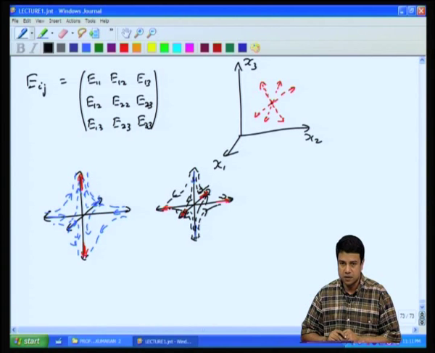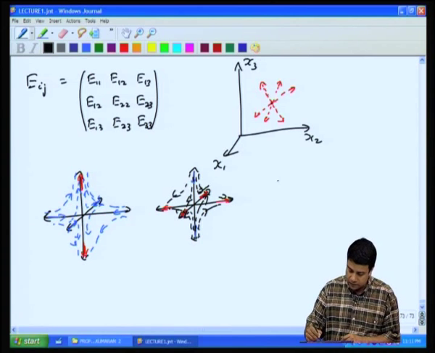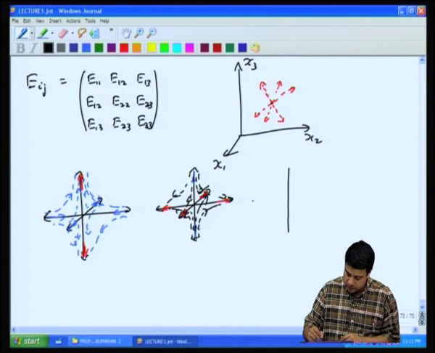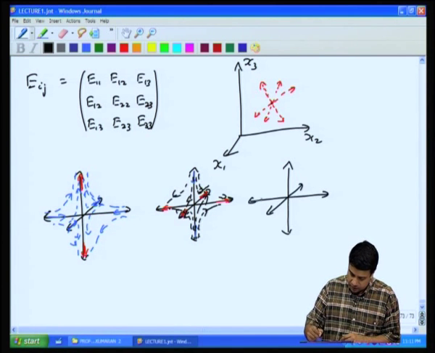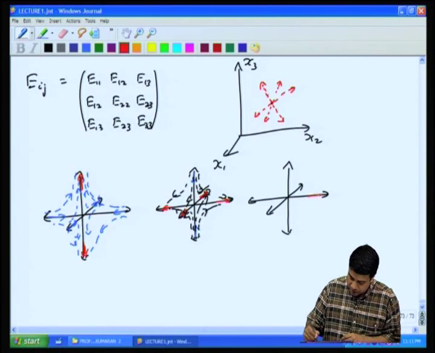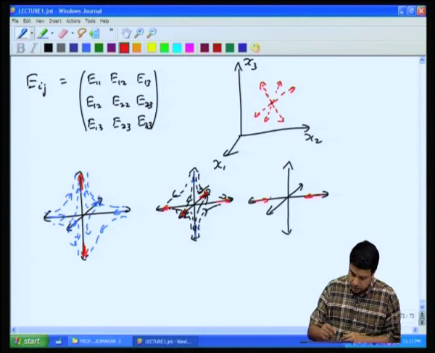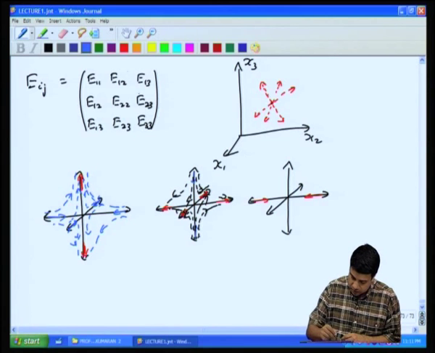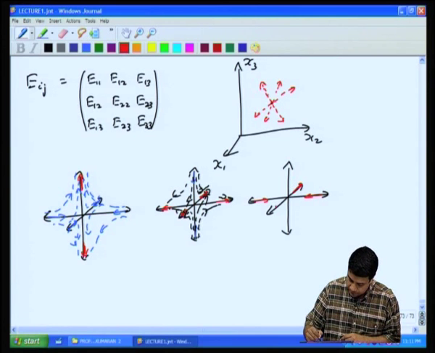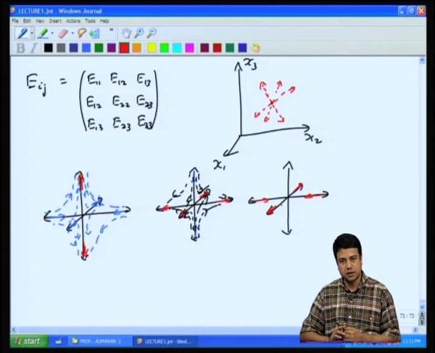The only other option is to have 1 zero, 1 positive and 1 negative. If all 3 are 0, of course, there is no deformation, so that is a trivial case. But you could have 1 positive, 1 negative and 1 zero. In that case you have deformation that is coming in along one direction, going out along one direction, and there is no deformation in the third direction.